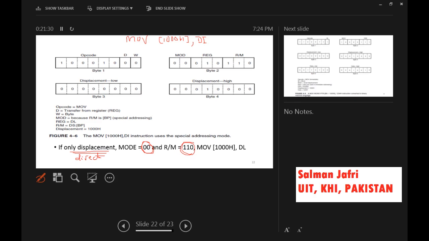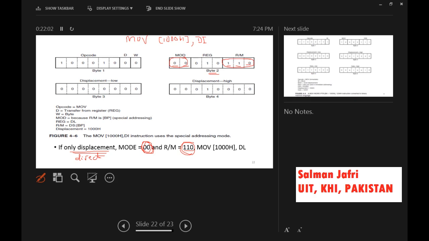So what we have over here is, let's look at byte 2 first. Mode is fixed to be 00. So we have 00 in mode. And R/M is fixed to 110. So we have 110 in R/M, which is fixed. And this is also fixed for direct addressing mode.